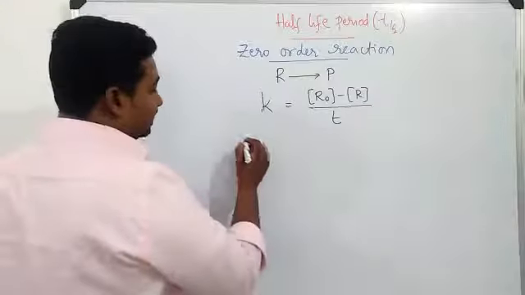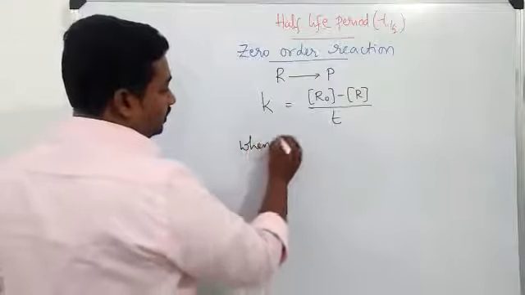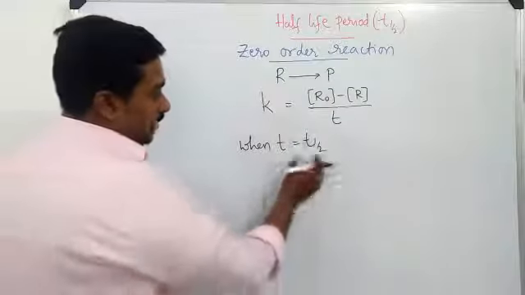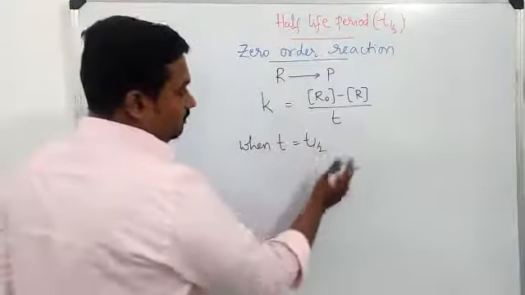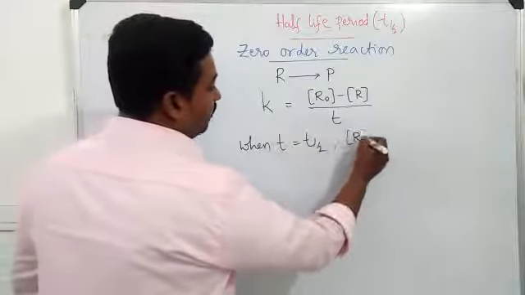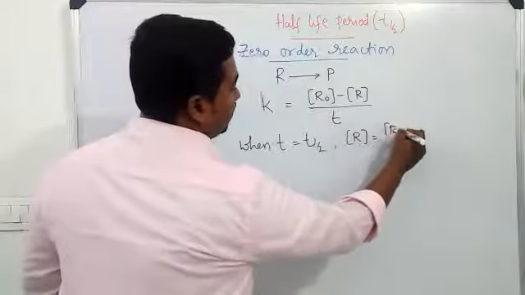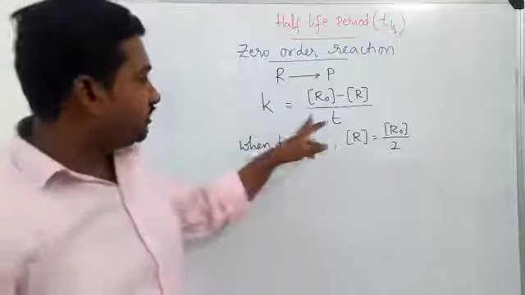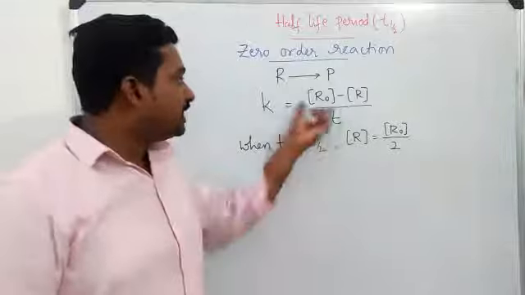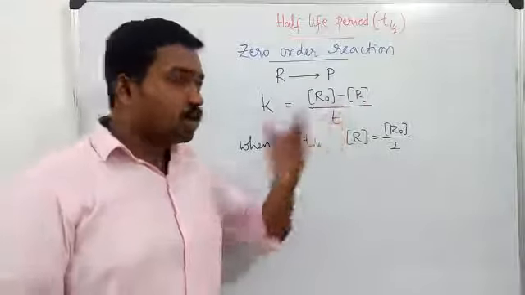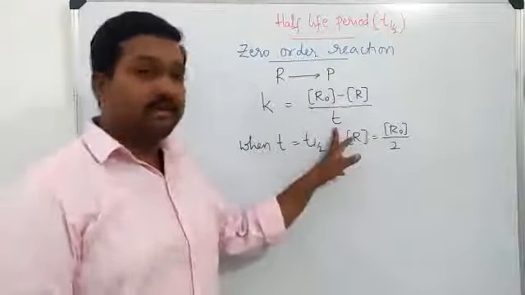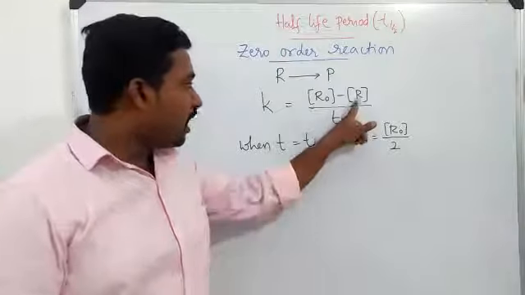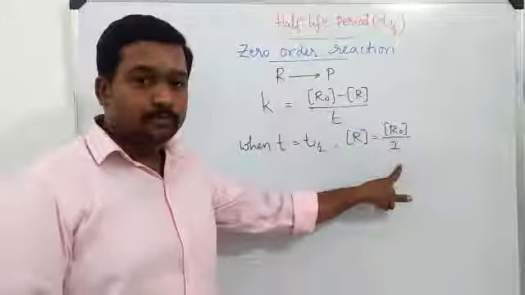Now if I apply the condition, when t is t half, which means half-life, at the point of this half-life time, we will have the concentration of R as R0 by 2. In this expression, R0 is the initial concentration and R is the concentration at time t. If t has become t half, R must have become R0 by 2.